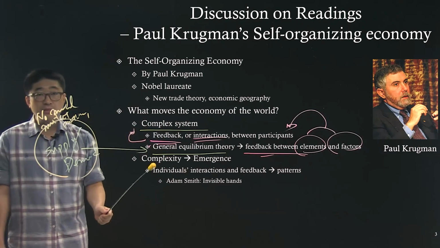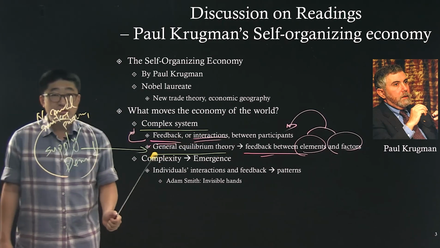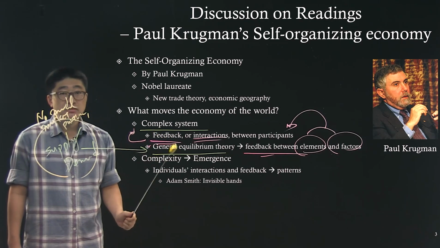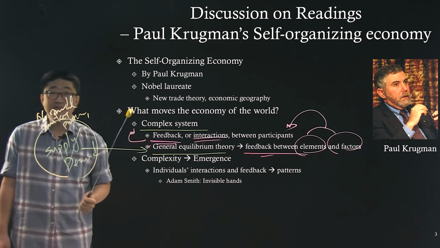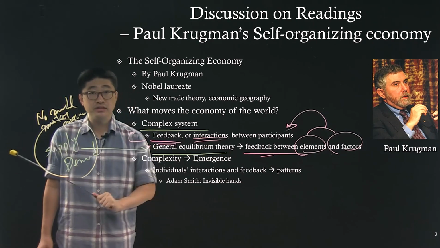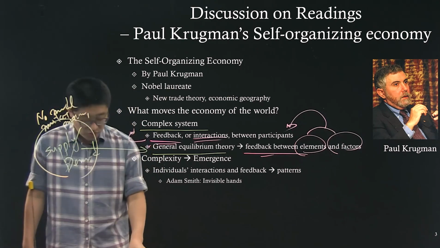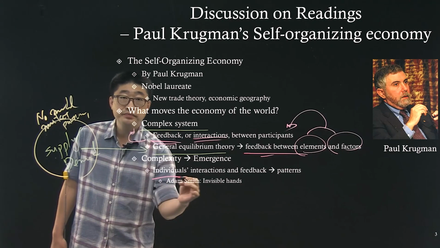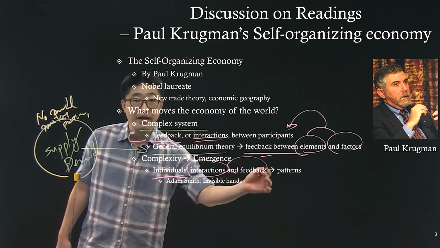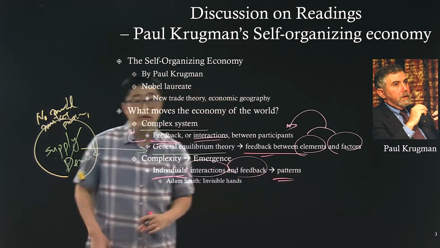And here, complexity and emergence. I just said the word emerge, right? This complexity, in Korean 복잡성, and emergence, in Korean 창발성, okay? So this complexity creates emergence. It's not just one individual, but many individuals who will create the interactions and feedback, and eventually these will create patterns, right?